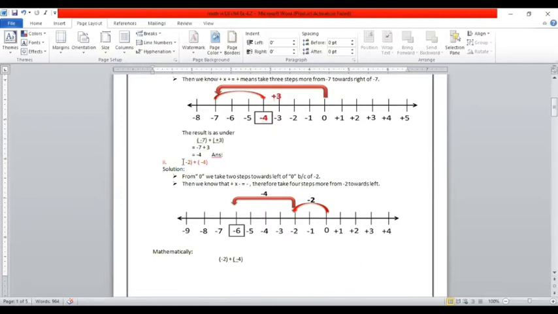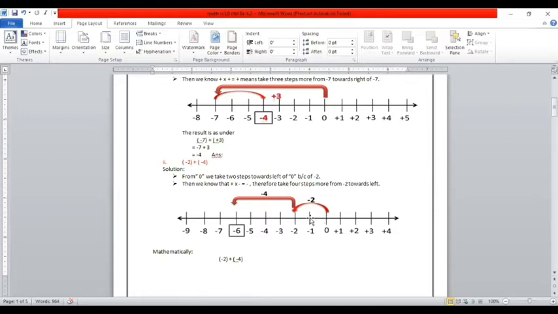Dear student, the second part is minus 2, bracket over, plus, second bracket started, minus 4, bracket over. As in part number 1, I first consider the minus 2 on the number line from 0. I keep the arrow at 0 and proceed 2 steps towards the left of 0 because of the minus.